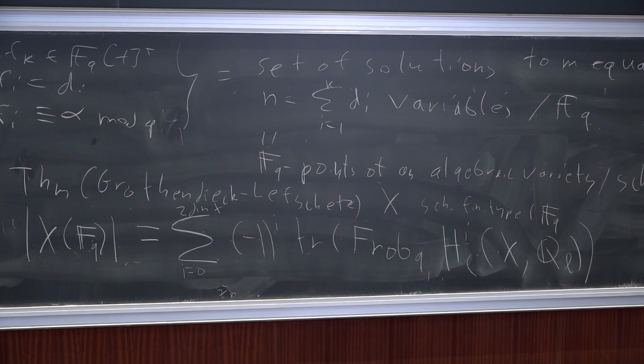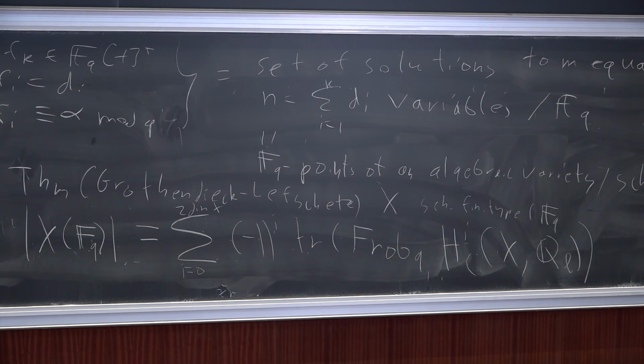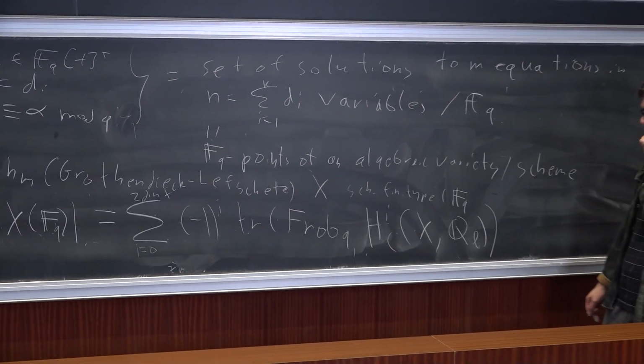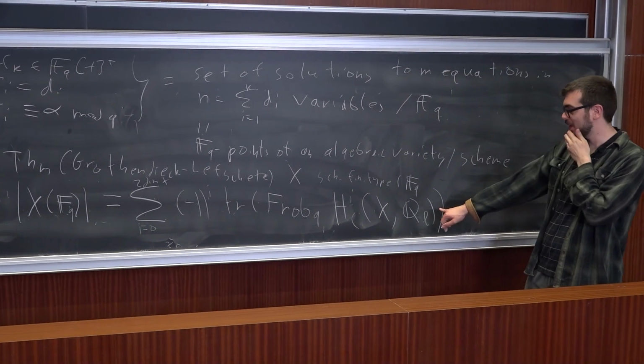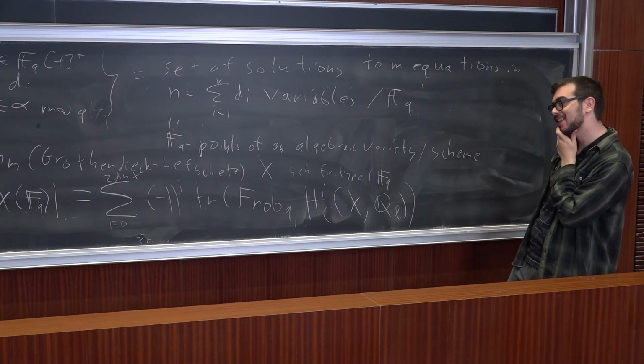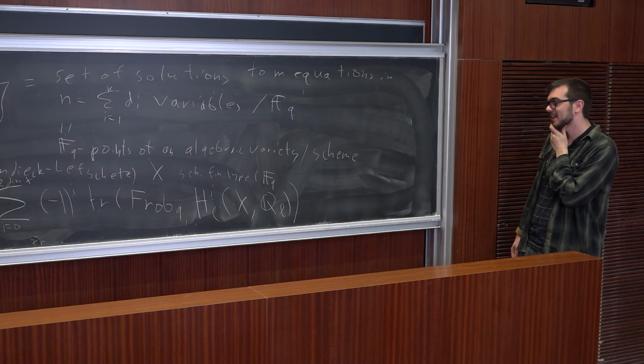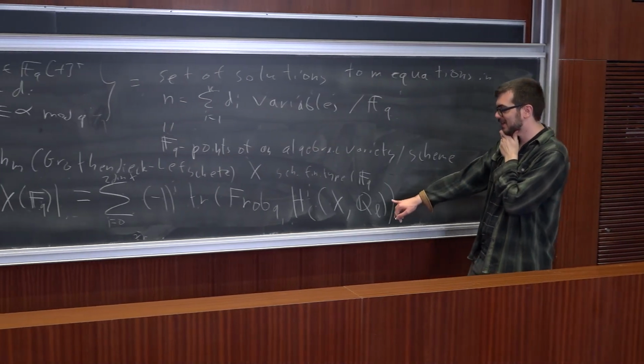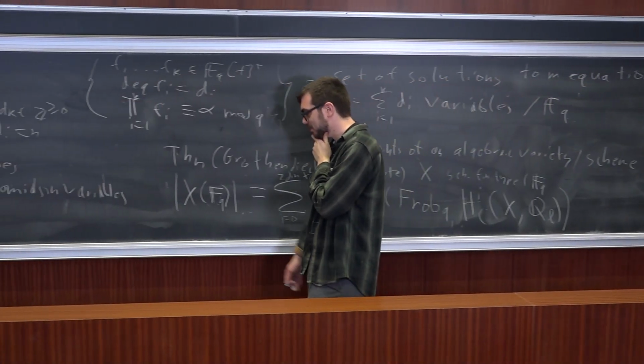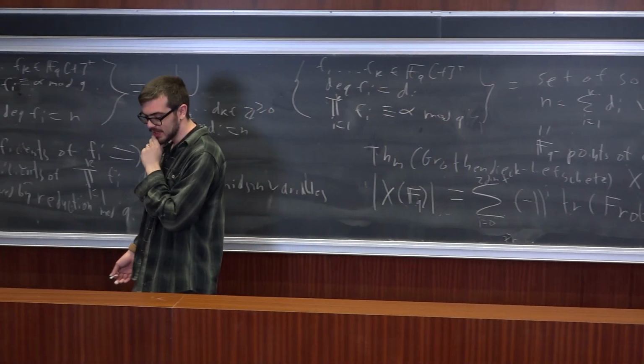So there are some things that are unfortunate about this. Maybe the only thing that's unfortunate about this statement is that it's hard to explain clearly what étale cohomology is if you don't already know what it is.